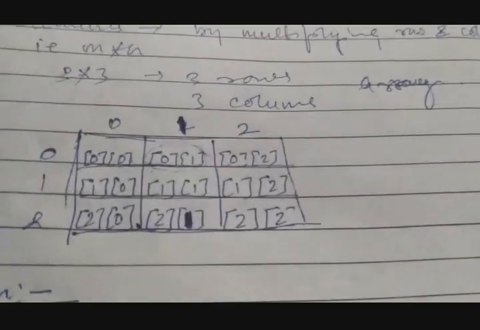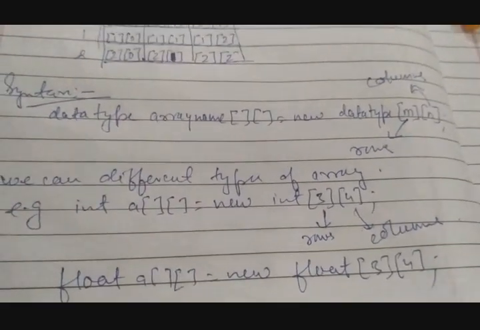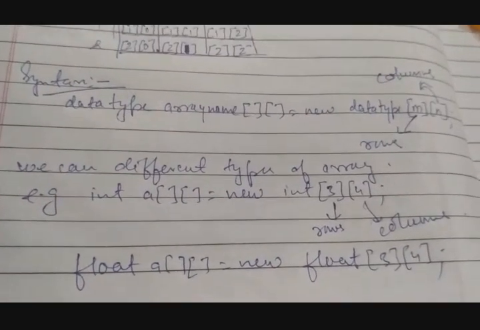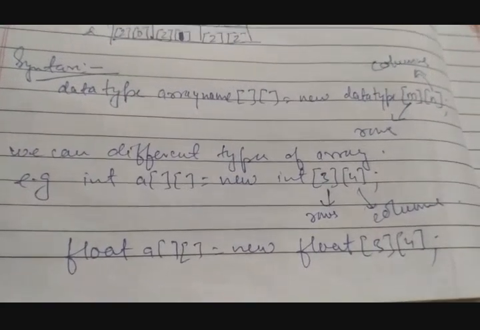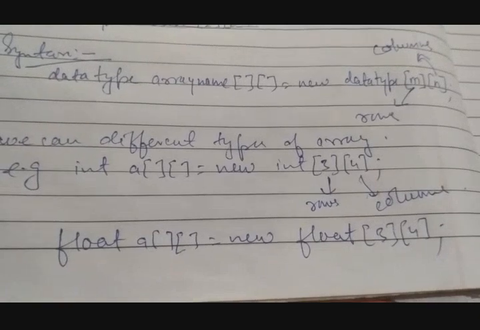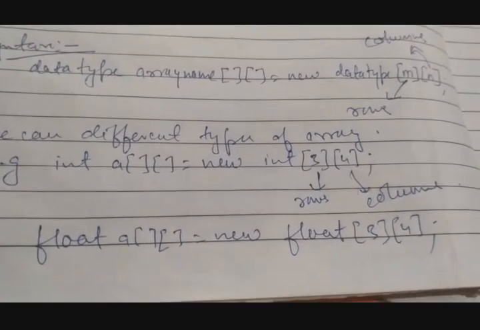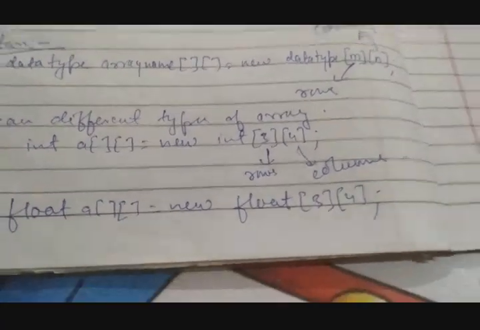Just like this, you have to construct a tabular format and remember what you want to extract. Likewise, you can create a character array, a string array, a double array. Different data type arrays can be created with the same syntax.